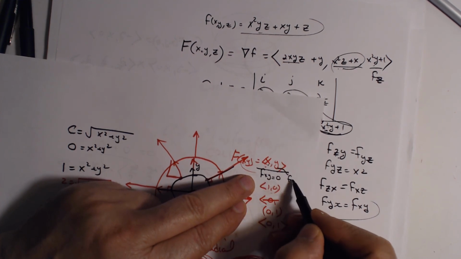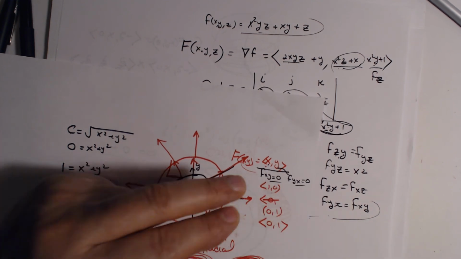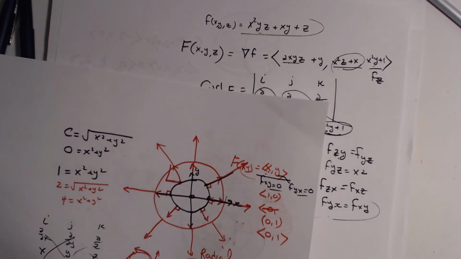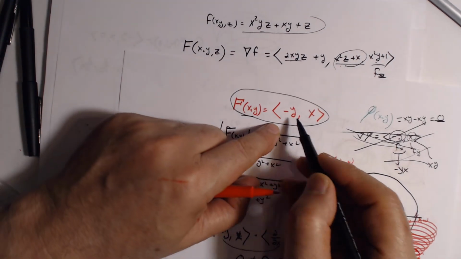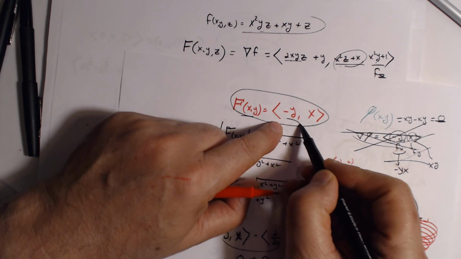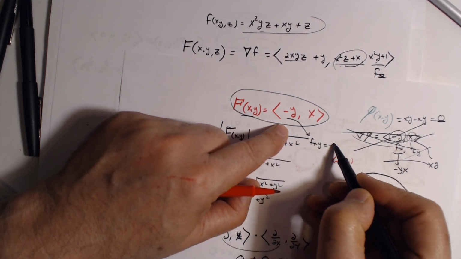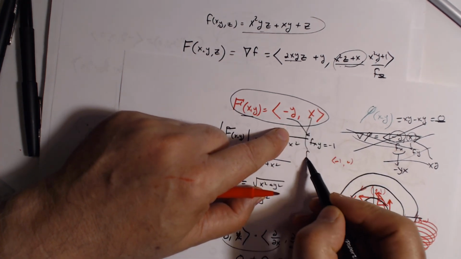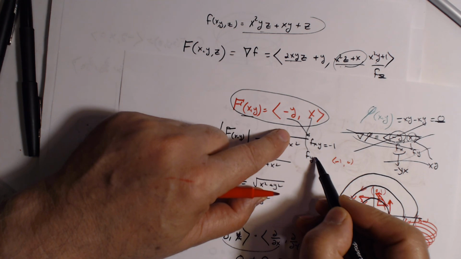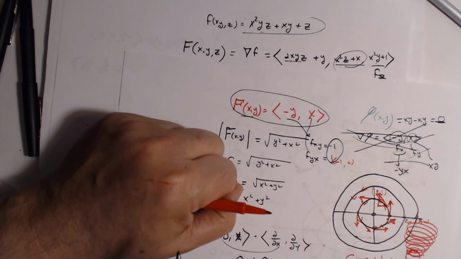If this is partial derivative with respect to y, do it with respect to x, and that's 0 because they are the same. In here, I want to know if this is conservative. If it's conservative, that should be partial derivative with respect to x. And then if you do it with respect to y, it's a negative 1. And if I take this one as a gradient, that's partial with respect to y, right now with respect to x is a 1. Are 1 and a negative 1 the same?